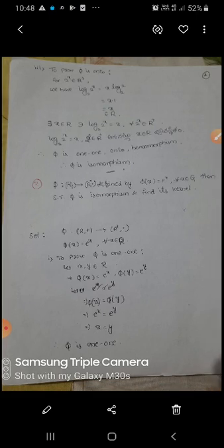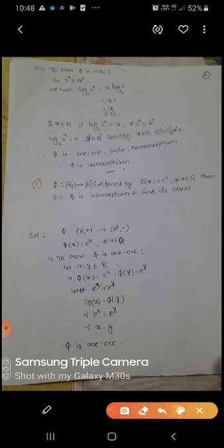Therefore, phi is onto. So, phi is one-one, onto and homomorphism. Therefore, phi is an isomorphism.